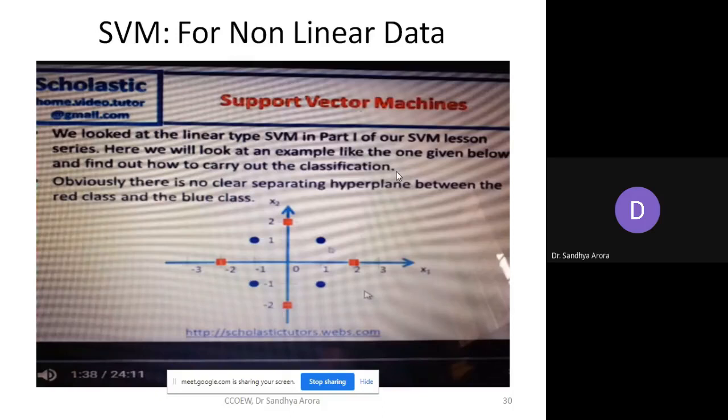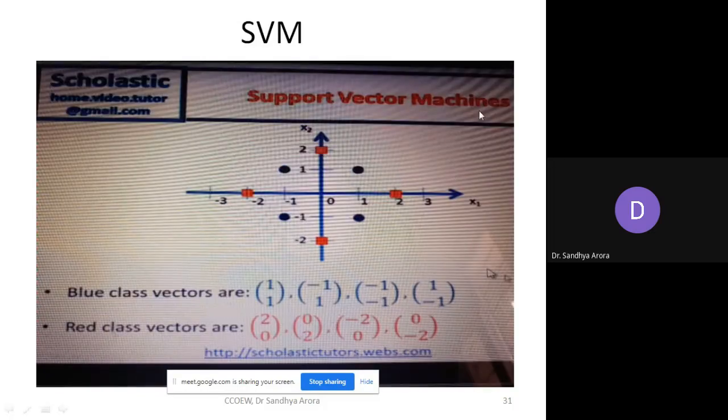So how SVM works here: SVM applies the concept of projecting these data points to some other dimensional data points. It applies the kernel trick. Now, these blue points are of the blue class, you can see 1, 2, 3 and 4 values: this is the -1 point, this is the -1 point, this is 1 point, this is 1, -1 point.